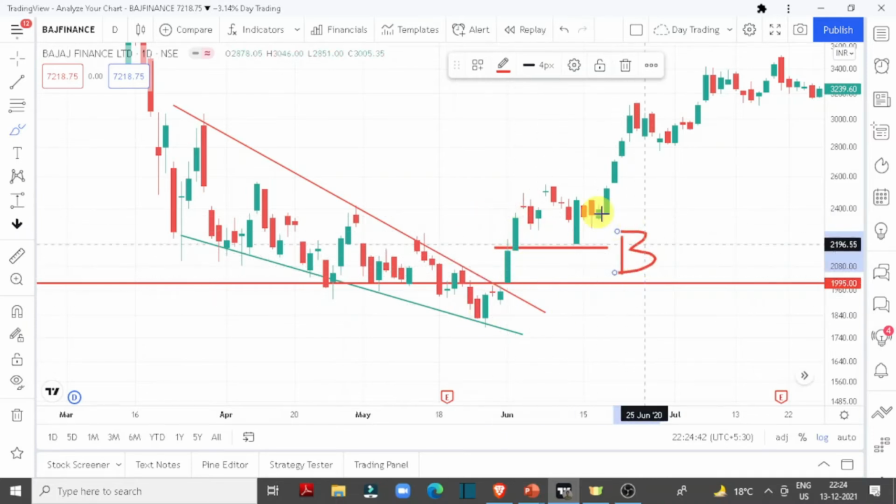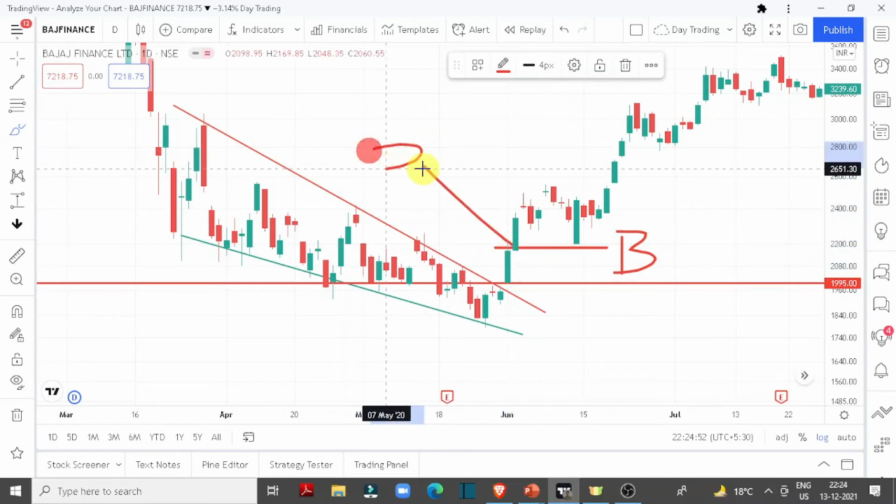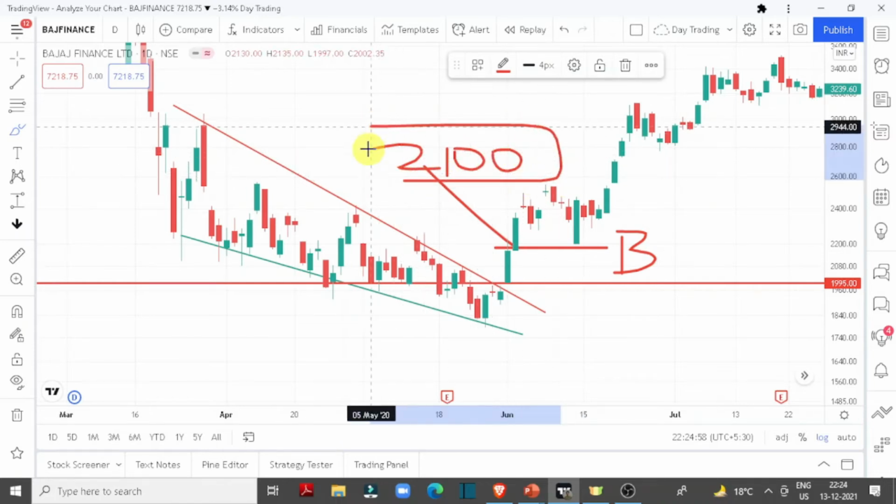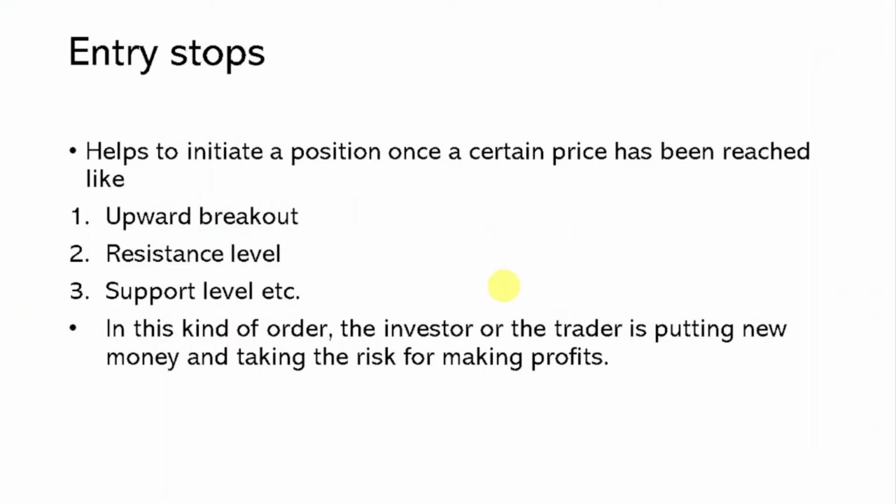If I am initiating a position, I'll have to put up some money, so I'll have to pay 2100 rupees in order to buy this stock. I am entering a position, and this order is known as an entry stop. I hope this is clear to you.